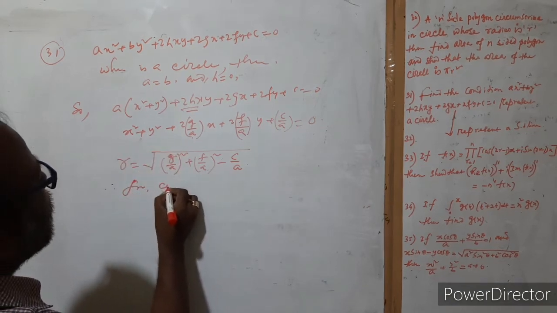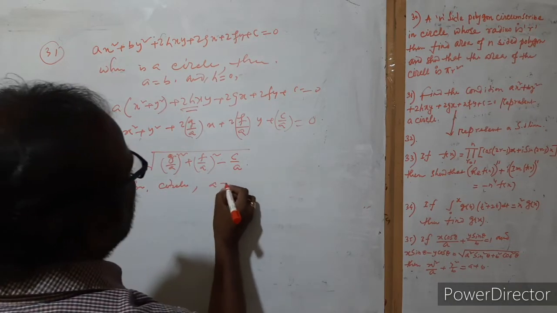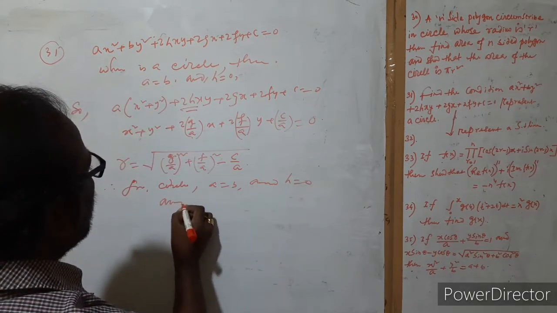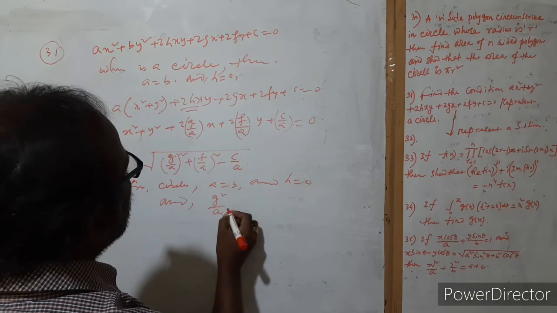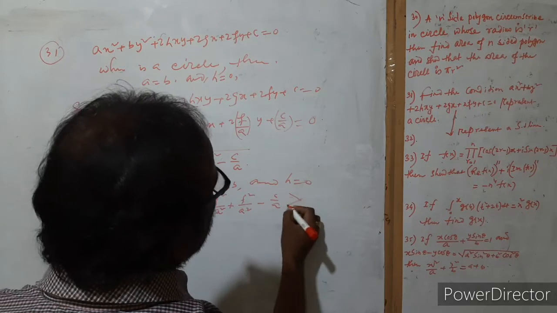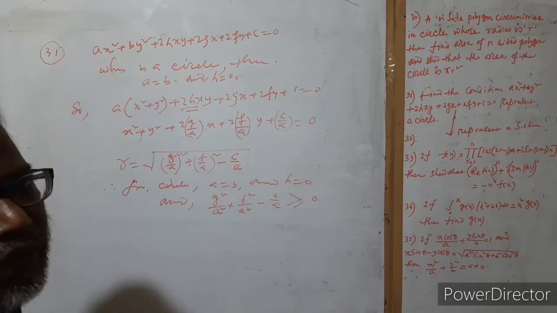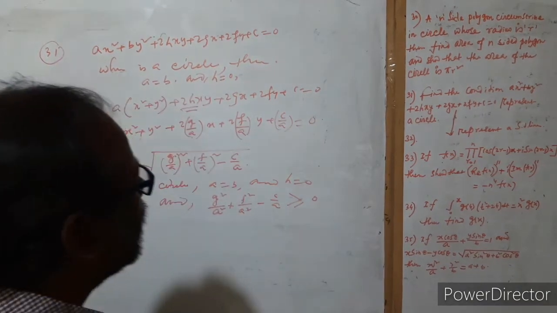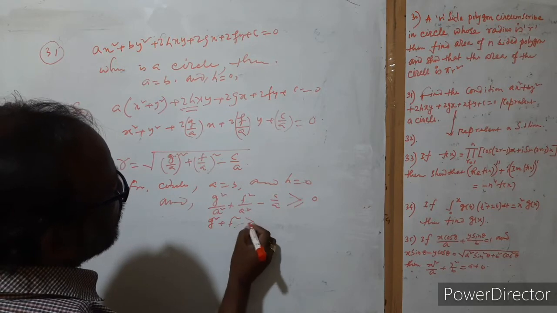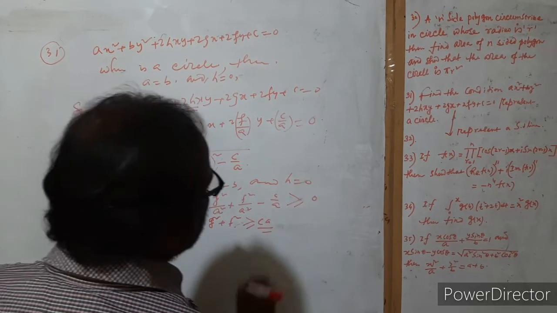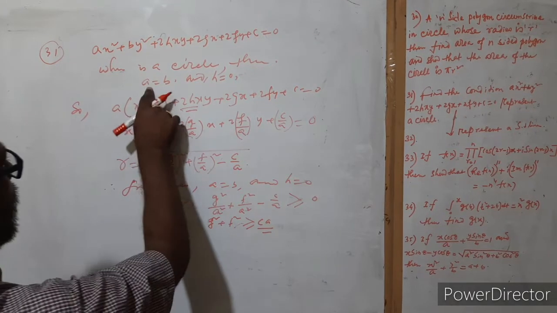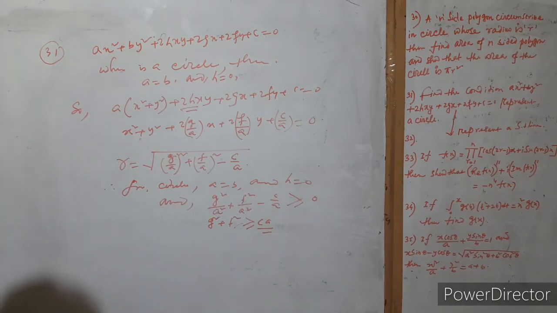For a circle, a equal to b and h is equal to 0, and g²/a² + f²/a² − c/a is greater than or equal to 0. For equal to 0, it's called a point circle. So it represents a circle when a equal to b, h equal to 0, and this is more than or equal to c/a.